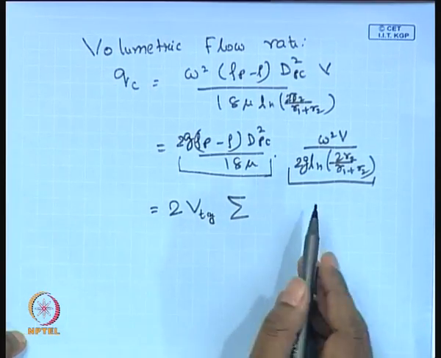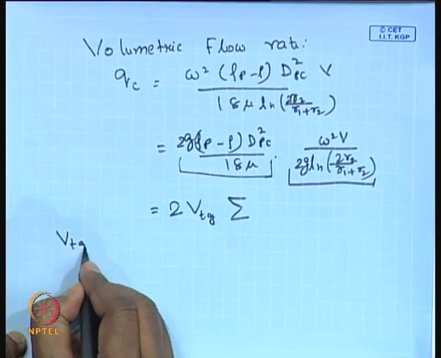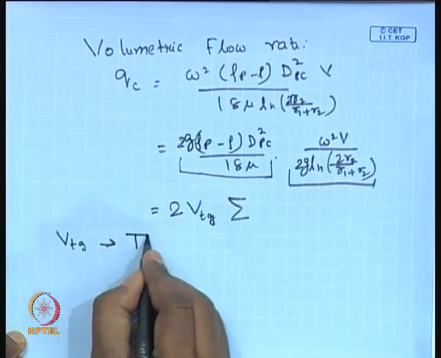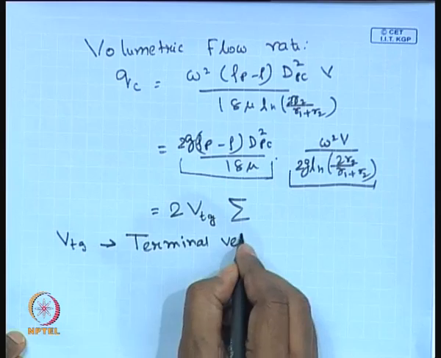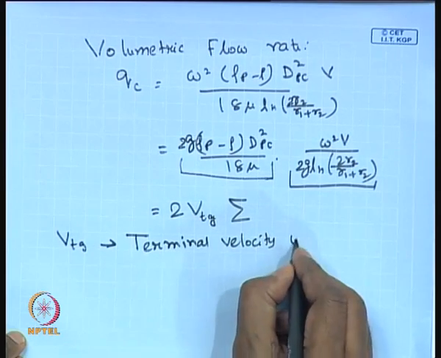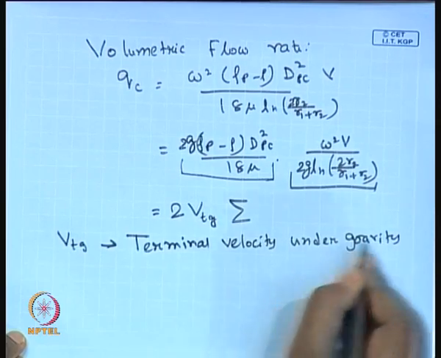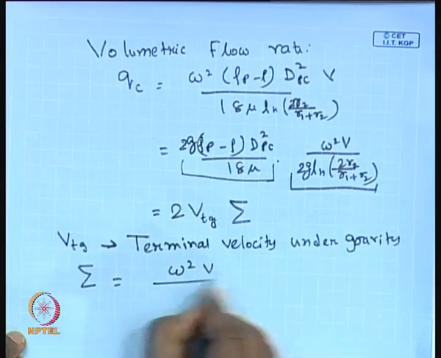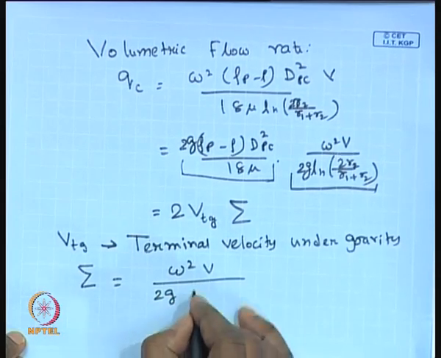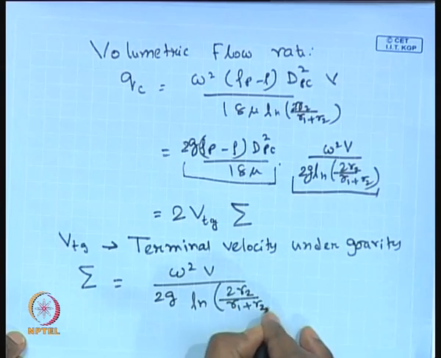Okay. So, what is vTG? vTG is nothing but the terminal velocity under gravitational force, and what is this sigma? Sigma is nothing but omega square times V divided by 2g ln 2R2 divided by (R1 plus R2).